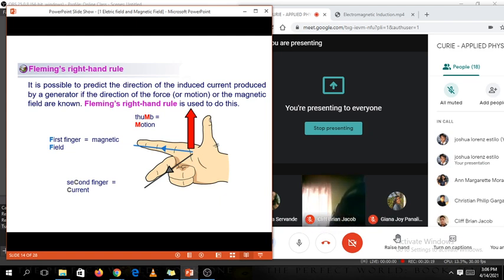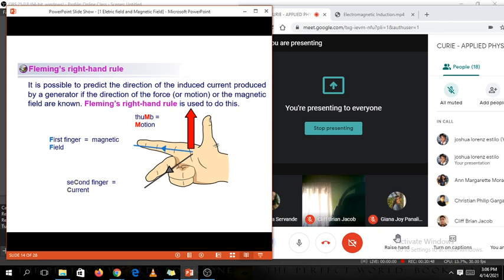For example, try to raise your hand and raise your thumb, following the figure shown. If your thumb points upwards, your index finger points to the direction of the magnetic field, while your middle finger points to the direction of the current. Be sure that the three of them are perpendicular to each other.